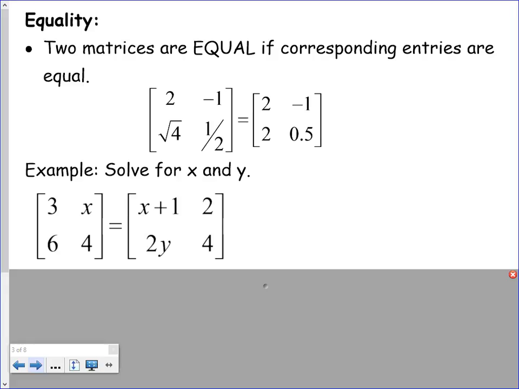Turn to your shoulder buddy or small group and tell each other what x and y are.